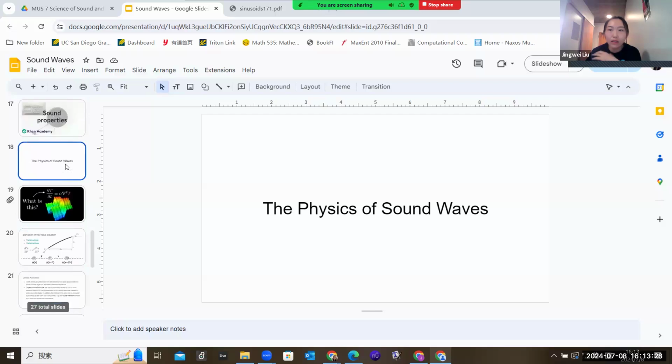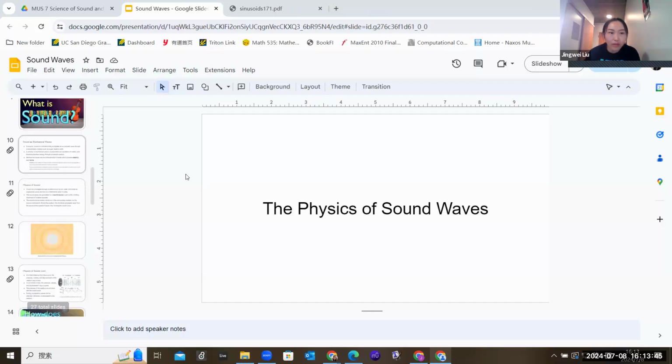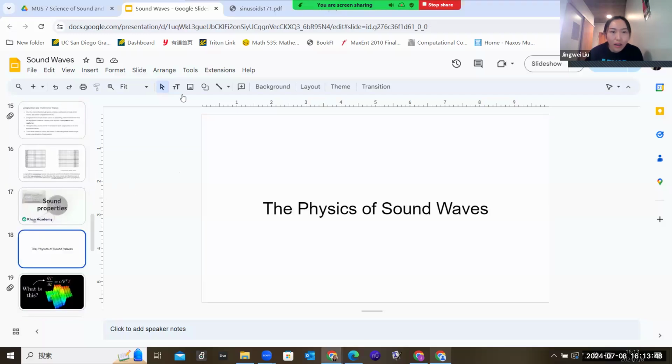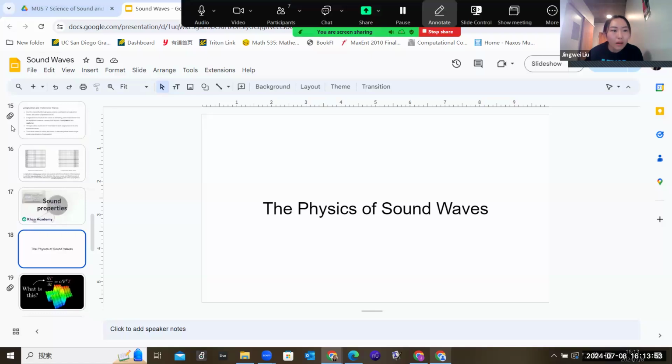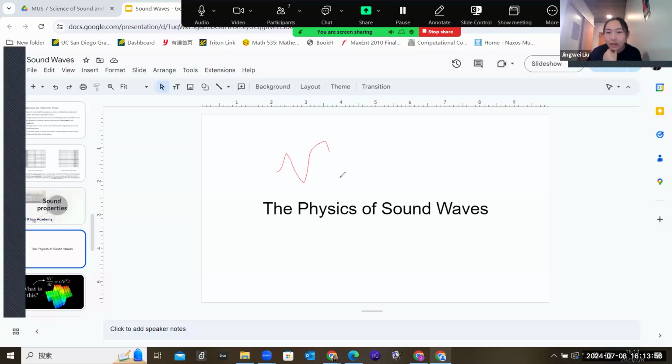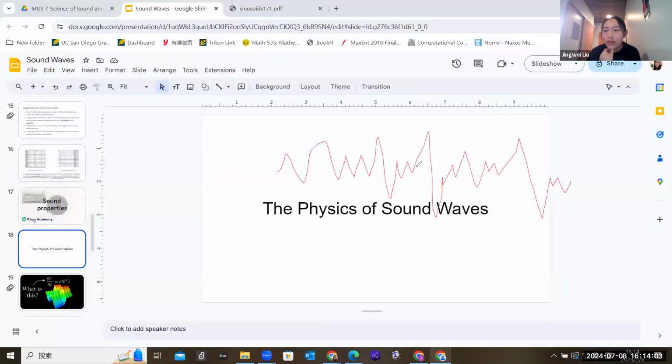And since we already went through all those basic concepts of sound waves, I think it's time to go through something new. A basic question is, how do we describe the sound wave physically, right? We know sound waves are of the shape like this. This is just random, and you cannot really see anything quantitatively or determine what it is.